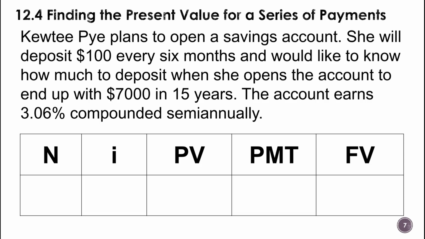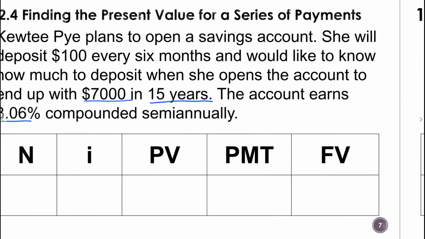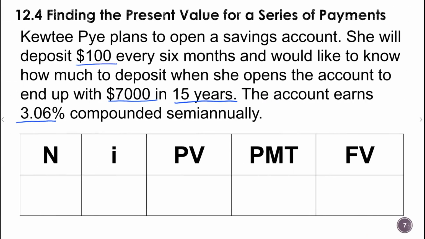The account earns 3.06 compounded semi-annually. So when it said she was making the payment every 6 months, it's a semi-annual payment. And she's doing this for 15 years. She's going to end up with $7,000. She's depositing $100, and that is semi-annually because it's every 6 months.